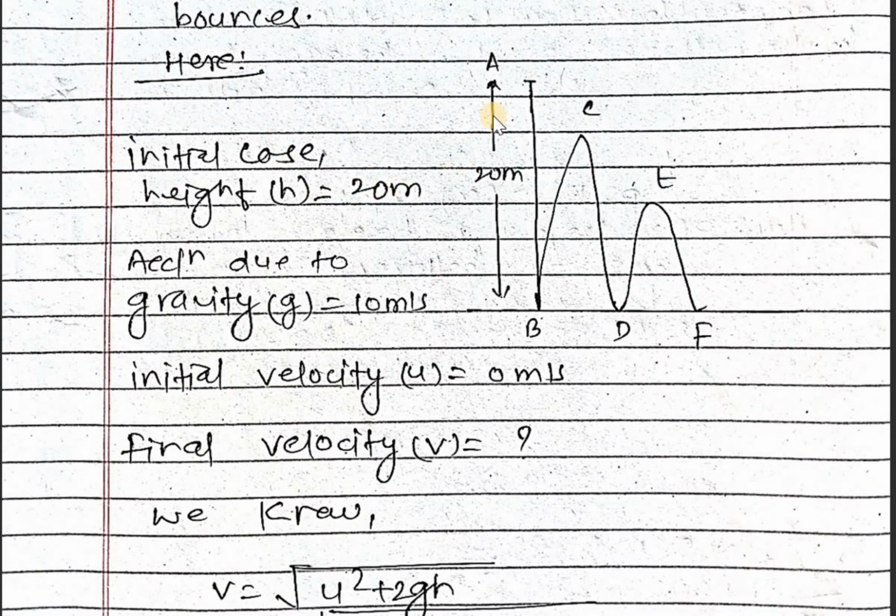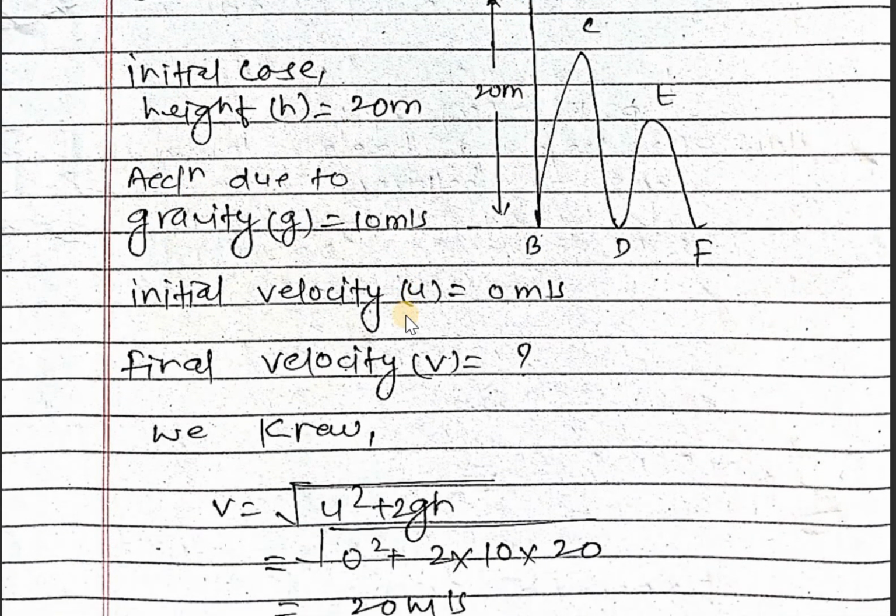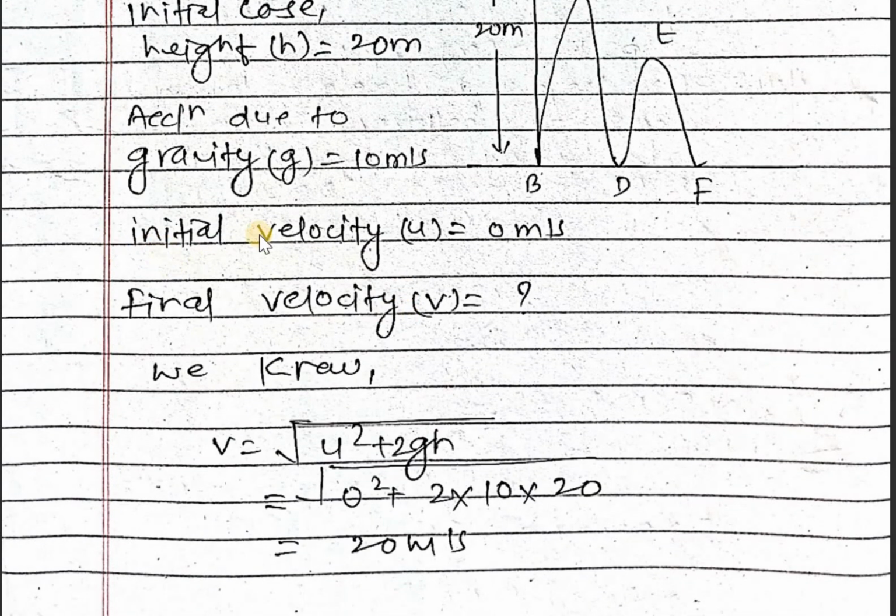Initial case: s equal to 20 meter. This is the height from B to A, and acceleration due to gravity g equal to 10 meter per second square. This is not only 10 meter per second. And initial velocity u equal to 0, final velocity we have to find.